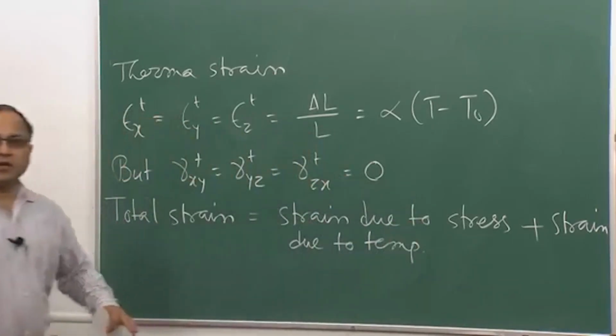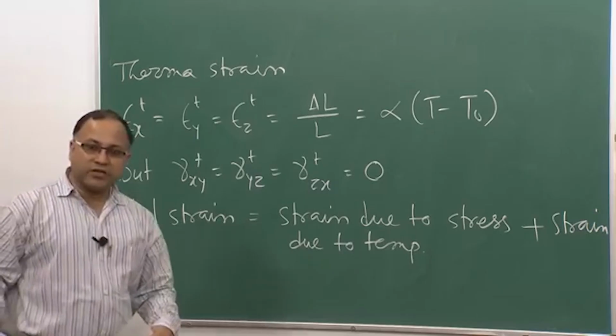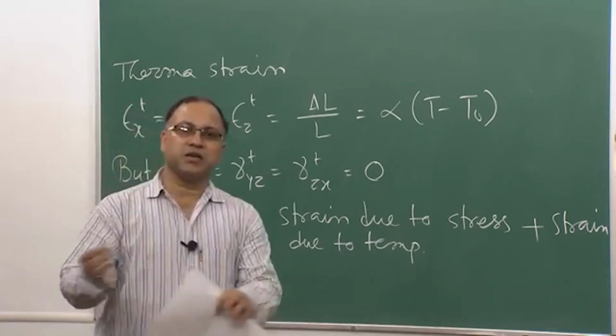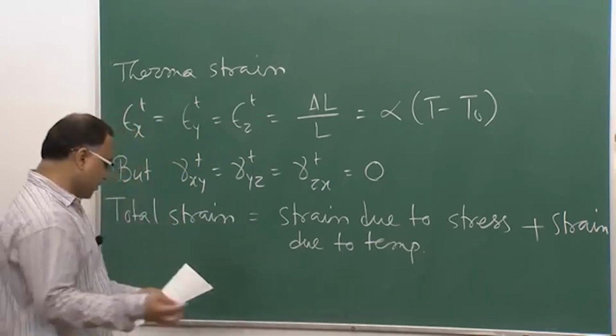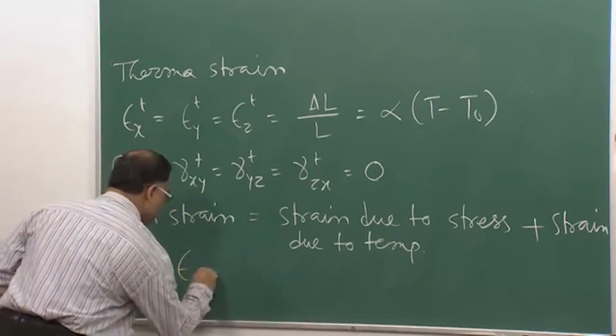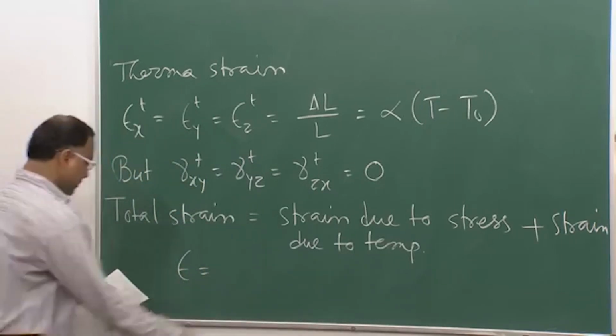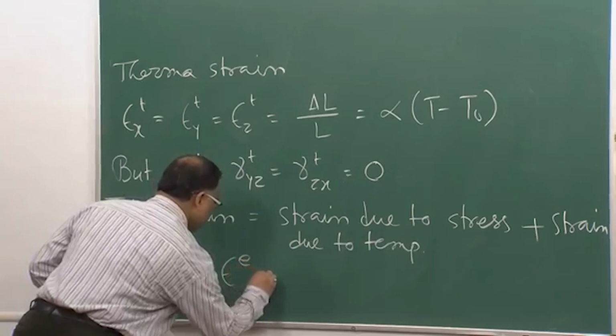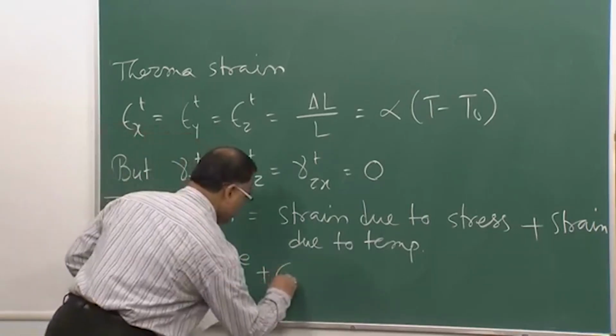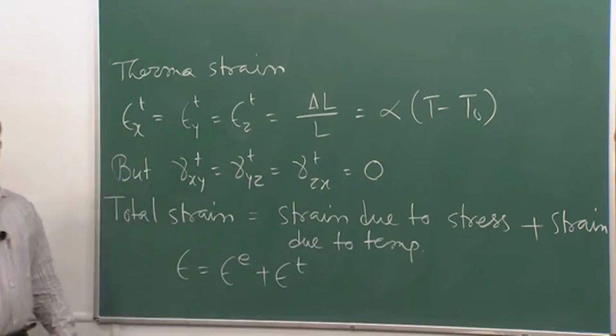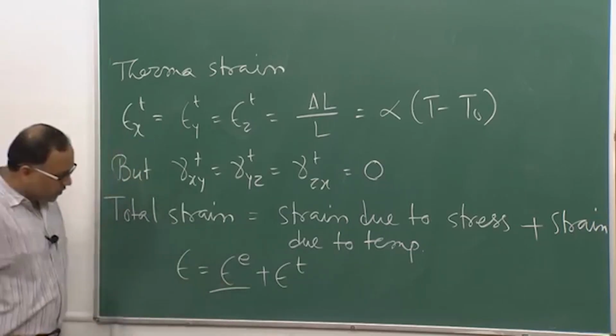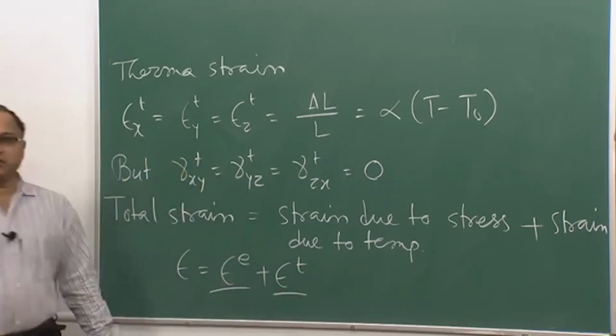That is your total strain. If I ask what the total strain is, it will be the mechanical strain plus the temperature strain. That is expressed as epsilon, the total strain, equal to epsilon E plus epsilon T. That is coming from your stress part and that is coming from your temperature part.